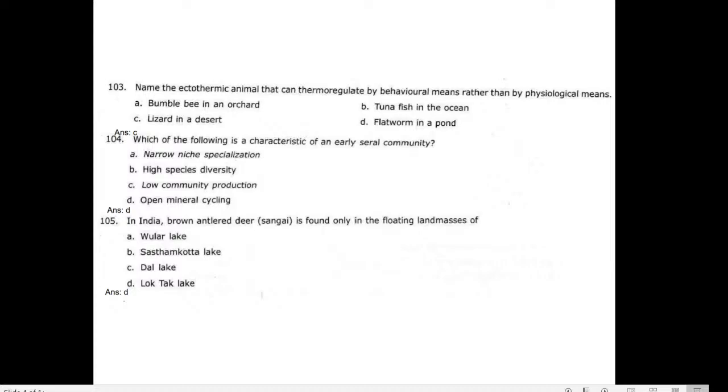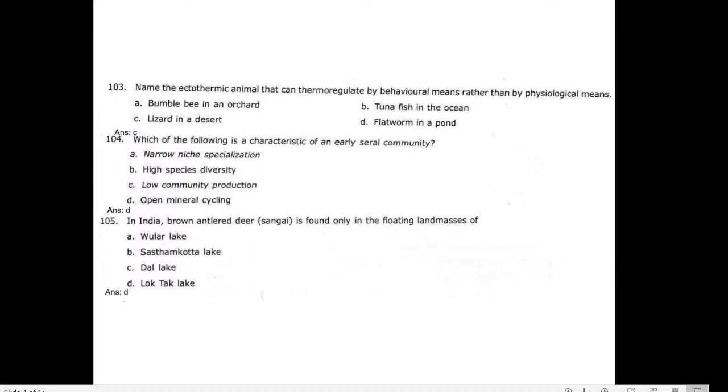For example, ectothermic animals are fishes, amphibians, reptiles, and invertebrates. On the other hand, there are endothermic animals. These endothermic animals generate heat and maintain their body temperature, such as humans. Ectothermic animals are not able to produce heat inside the body, so they need the support of sunlight.